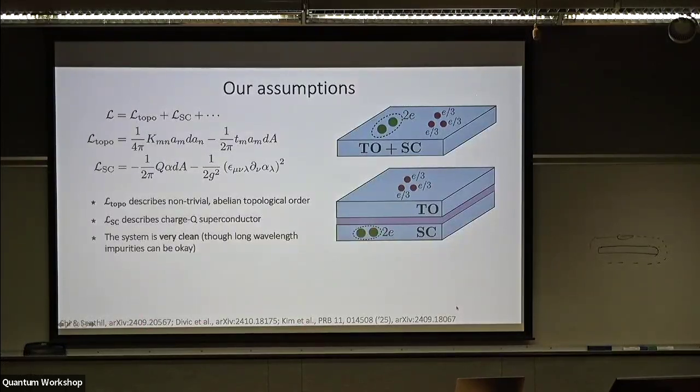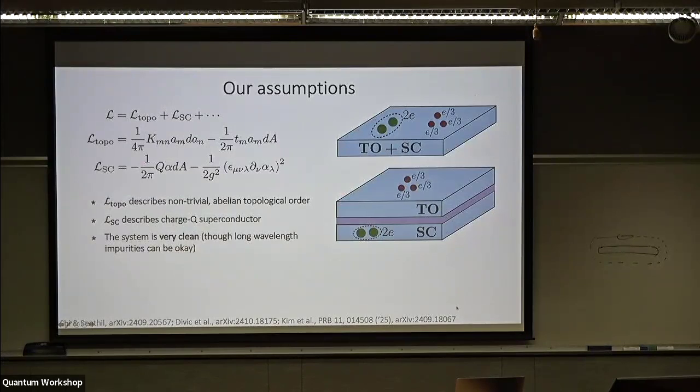So this is a generalization of what I had written up there. So I still have this superconducting Lagrangian. I've added a Maxwell term just because we want something to restrict those fluctuations. But I also now have a topological Lagrangian.